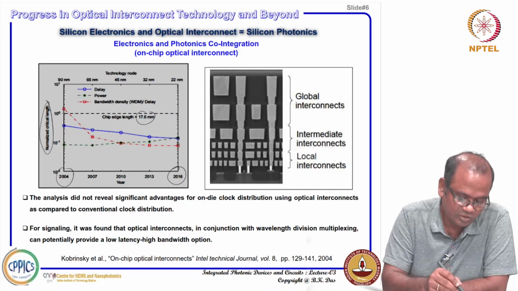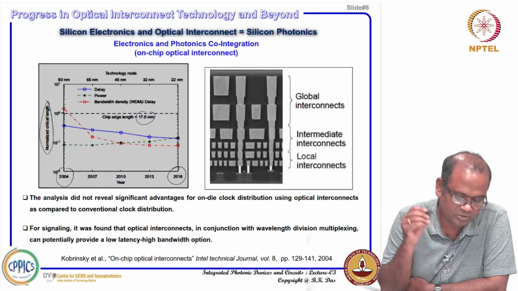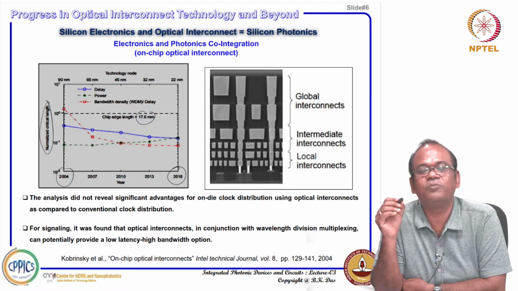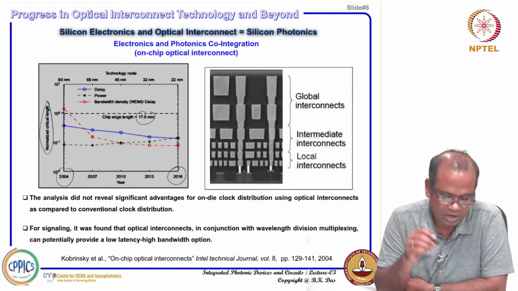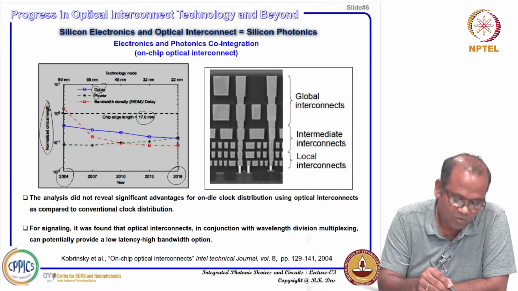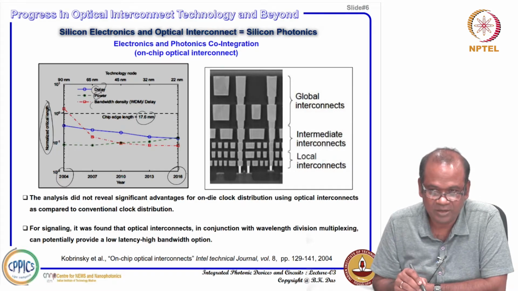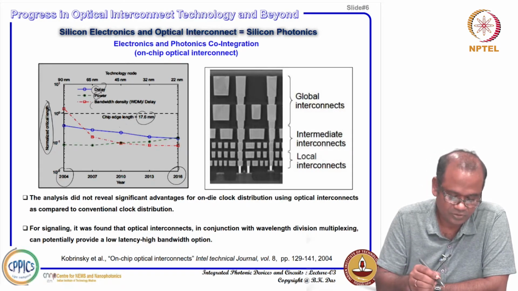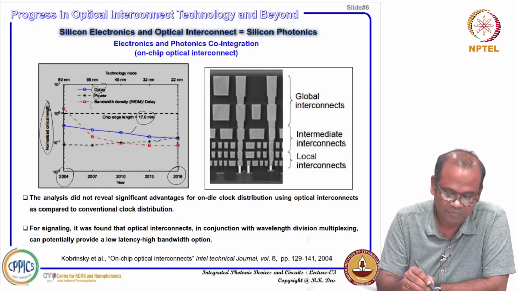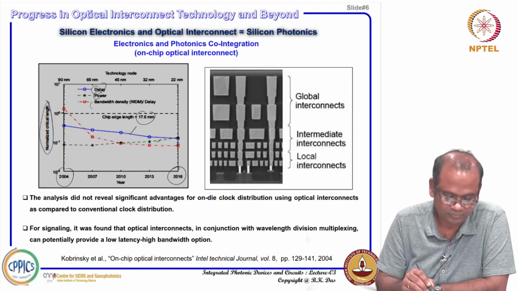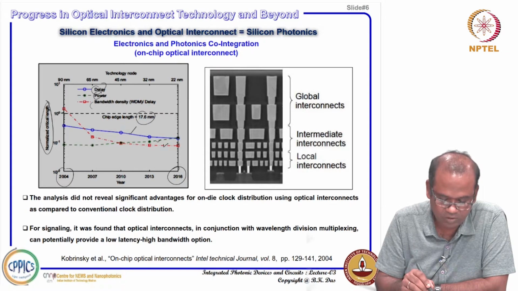So, you can consider this length as corresponding to your chip length of 17.6 millimeter. Now, if you look at delay, power, and bandwidth year wise, depending on performance, delay is this curve, power consumption is this curve, and bandwidth density per delay, when you divide, gives this red one.